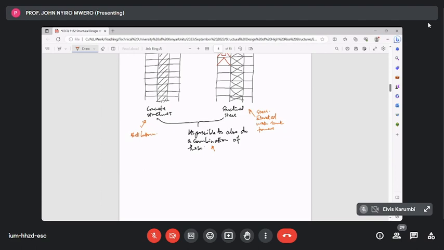Why a reinforced concrete core? Because when you have a reinforced concrete element, you can control the fire resistance by playing with the concrete cover to reinforcement in your reinforced concrete design. The concrete cover is determined by two things: the environment, the degree of exposure, and the fire resistance that you want.